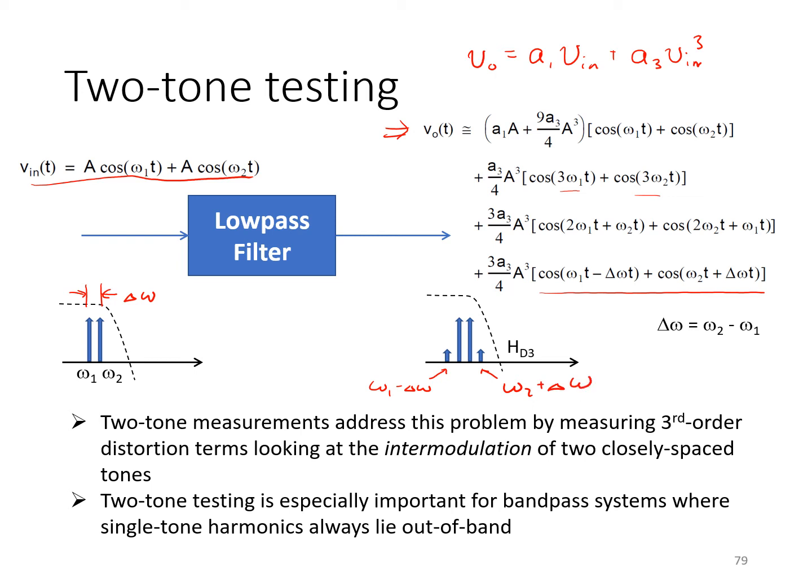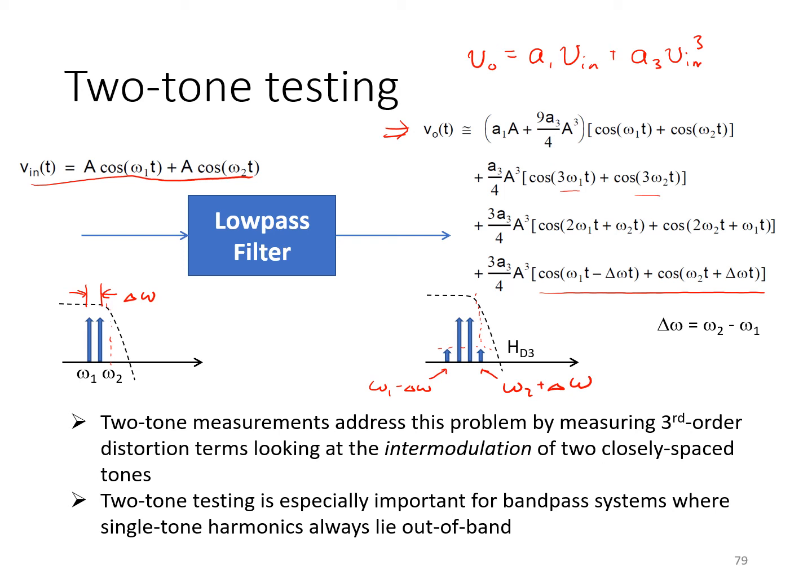That's why we take the input tones at omega 1 and omega 2 closely spaced, so that at the output we see these small terms relatively close to the input frequencies omega 1 and omega 2. We can put omega 1 and omega 2 right up against the upper bandwidth limit of the amplifier, and still these so-called intermodulation products will still show up in band and therefore not get attenuated.